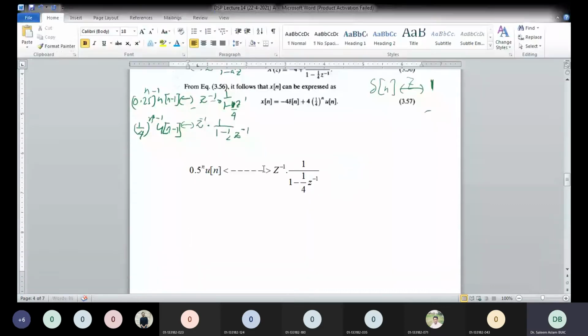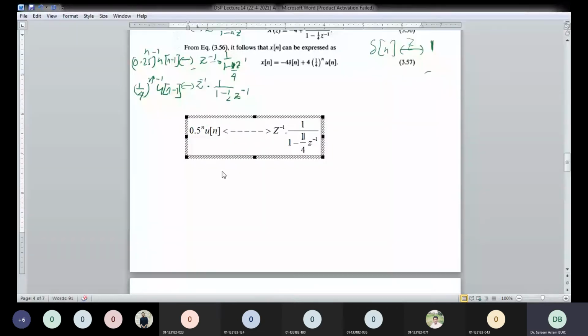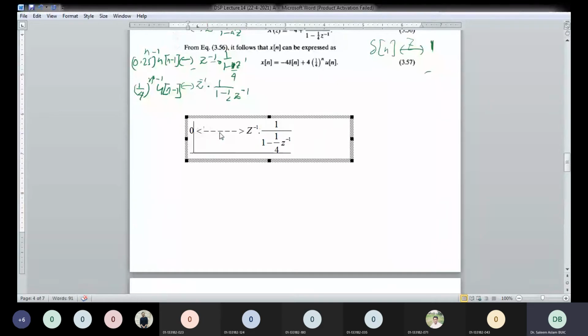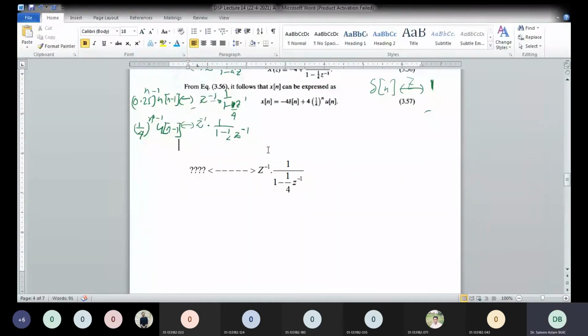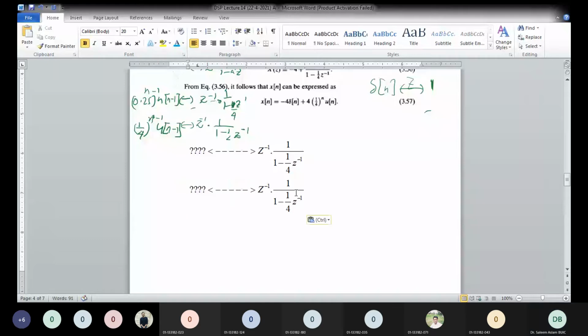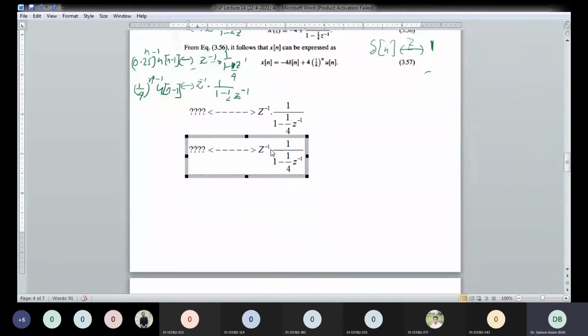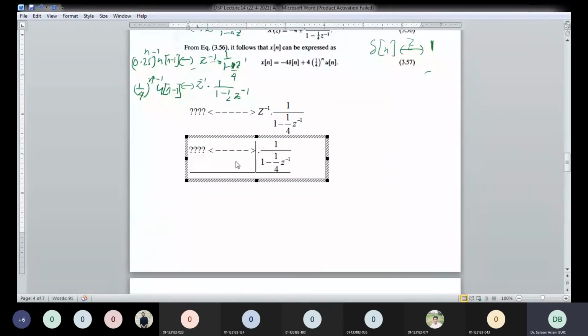So if we take the z transform of, we don't know the exact, this we have to find out, right? That is done, now let's take the other part. First we take 1 over 1 minus 1 by 4 z inverse and try to find its z transform. We already know that this is very easy.